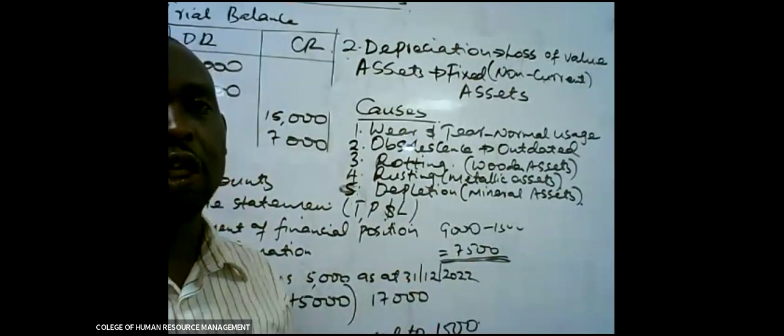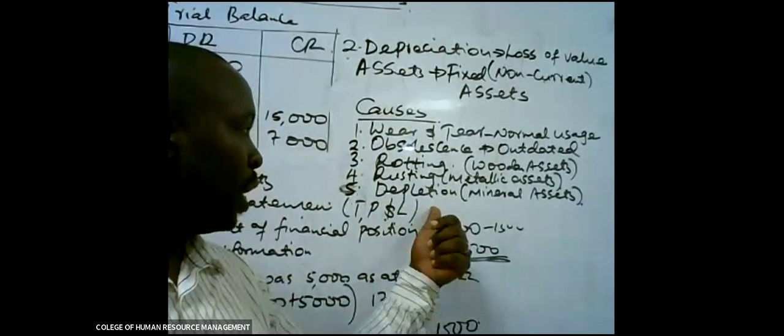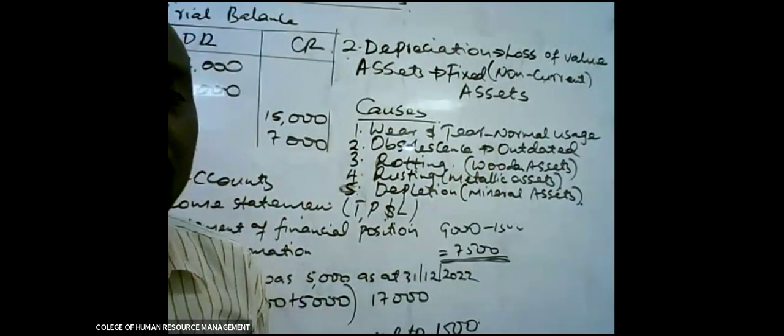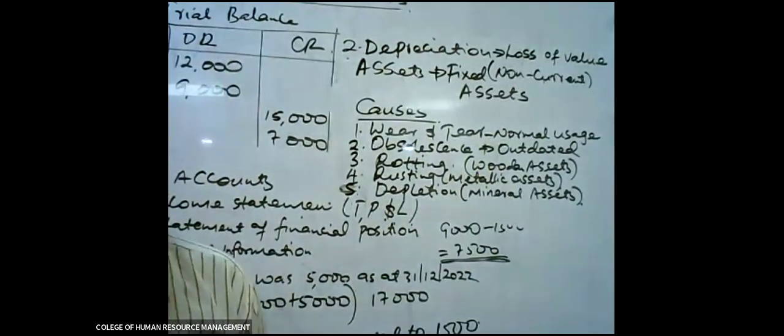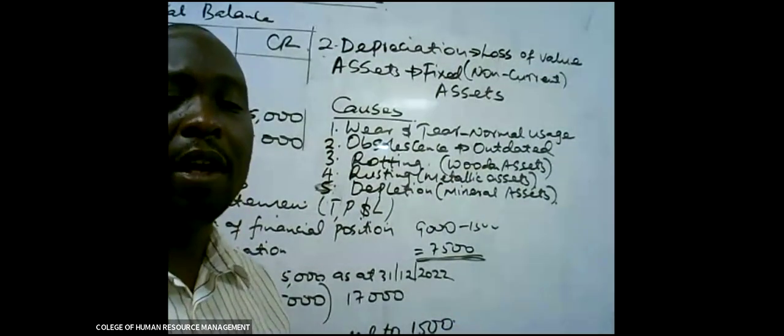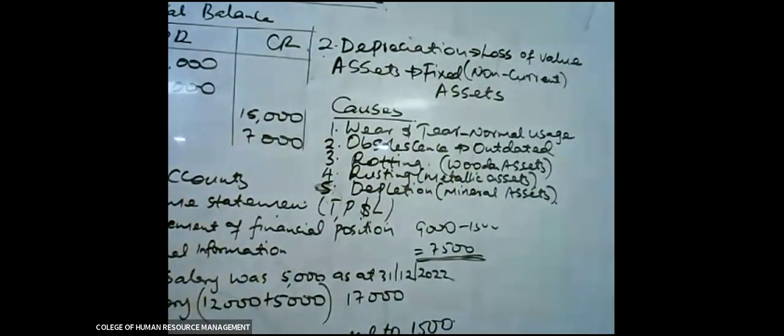In the process of extraction, we deplete the minerals, therefore the value of the minerals that we had reduces. Those are the 5 causes of depreciation. The next thing now, after looking at the causes, is to understand when you are presented with a question and depreciation is part of it, how do you calculate depreciation?